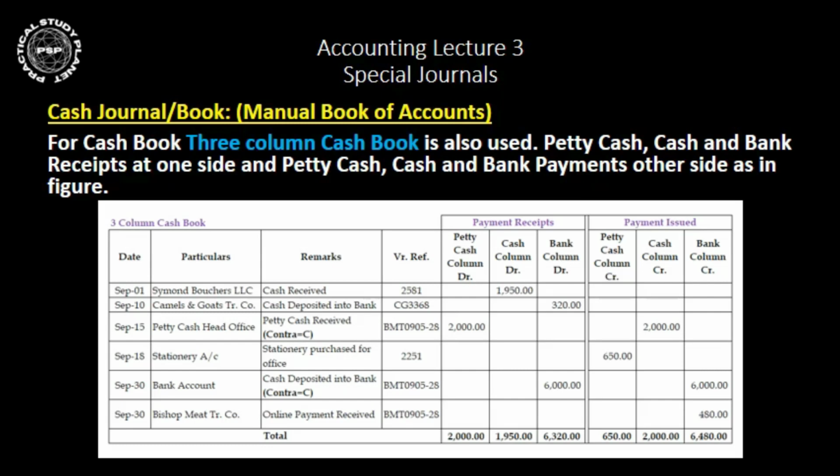It will be 3-column: petty cash, cash and bank. This is the debit side, and there will be the credit side also. Incoming will be written on the debit side, and all outgoing will be written on the credit side. An example is there, you can hold and see the example over there.